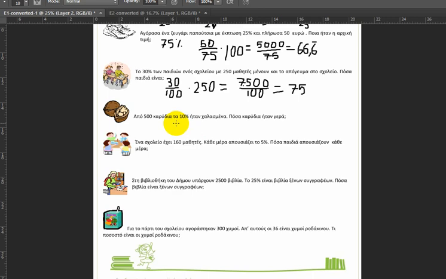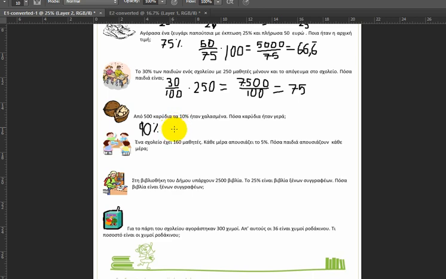So if you can't eat 10%, that means that you can eat the rest, basically the difference between 100% and 10%, which would be 90%. Since you can't eat 10%, you can eat 90% because that's how much is left out of the 100%.